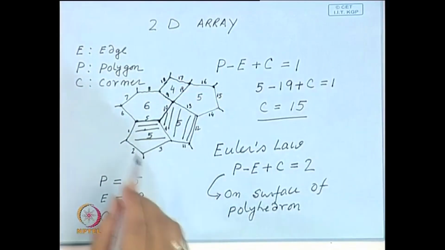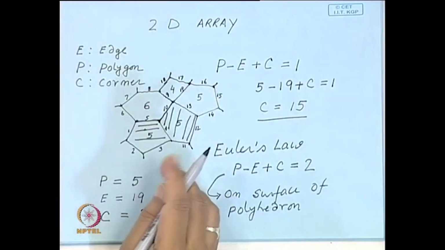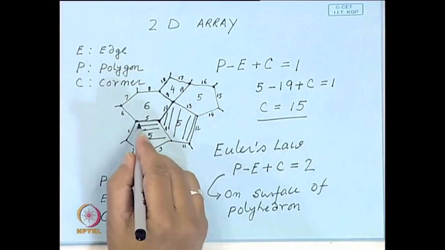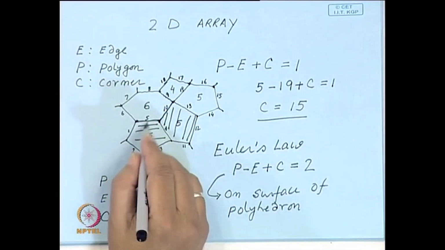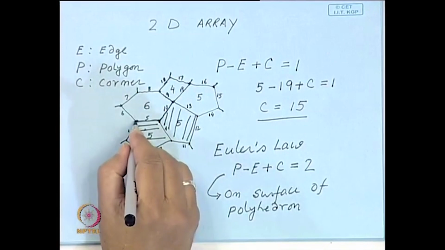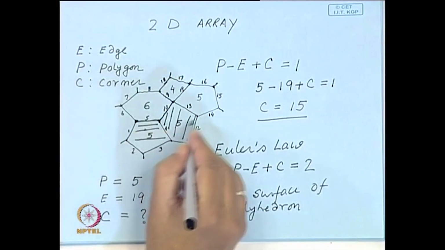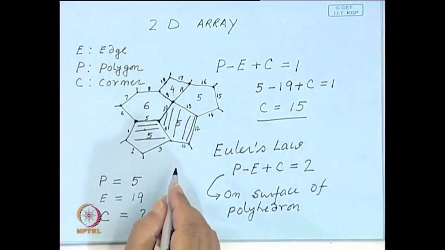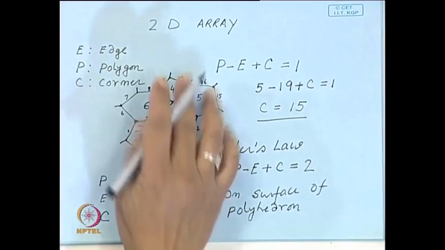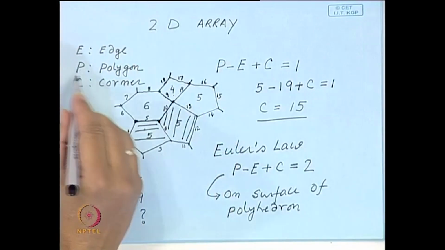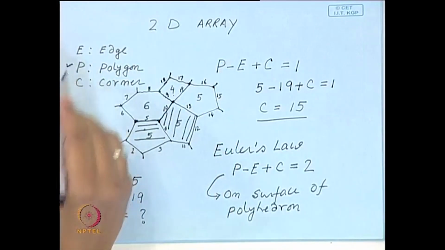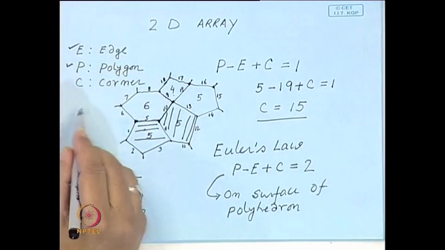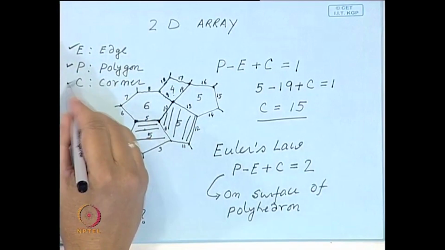Now, when you do this packing, apart from edges you also generate a number of corners, where 3 or more grains meet, like here 3 grains are meeting. Similarly, there may be places where 1, 2, 3, 4 grains are meeting. So, in this figure you have a number of polygons, that is P, a certain number of edges E, and you also have a certain number of corners.